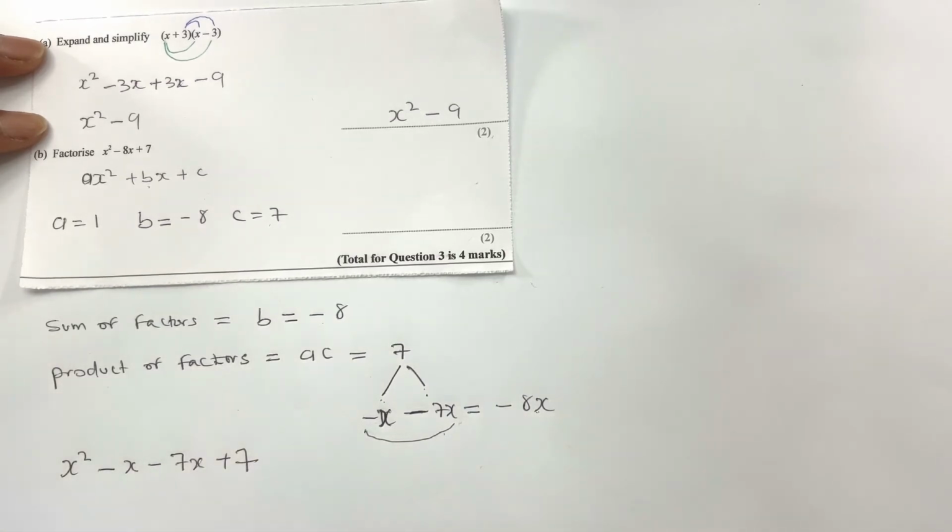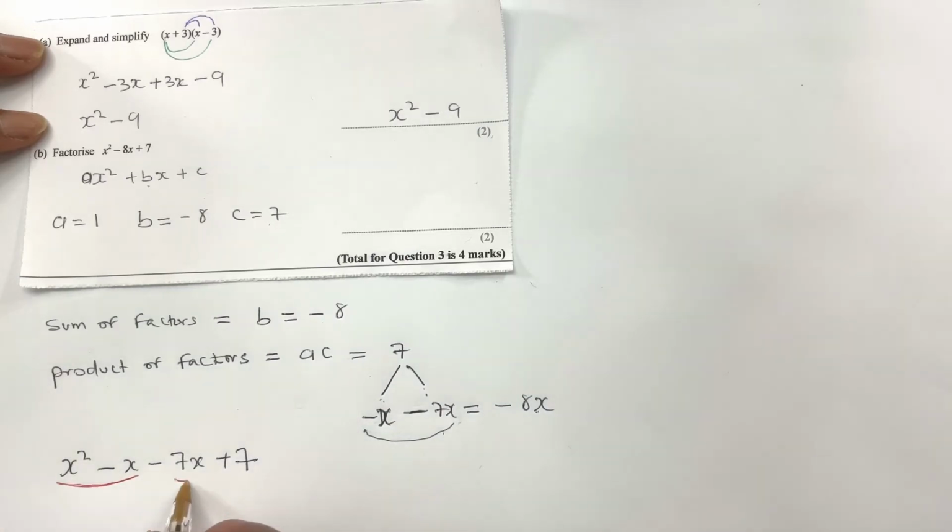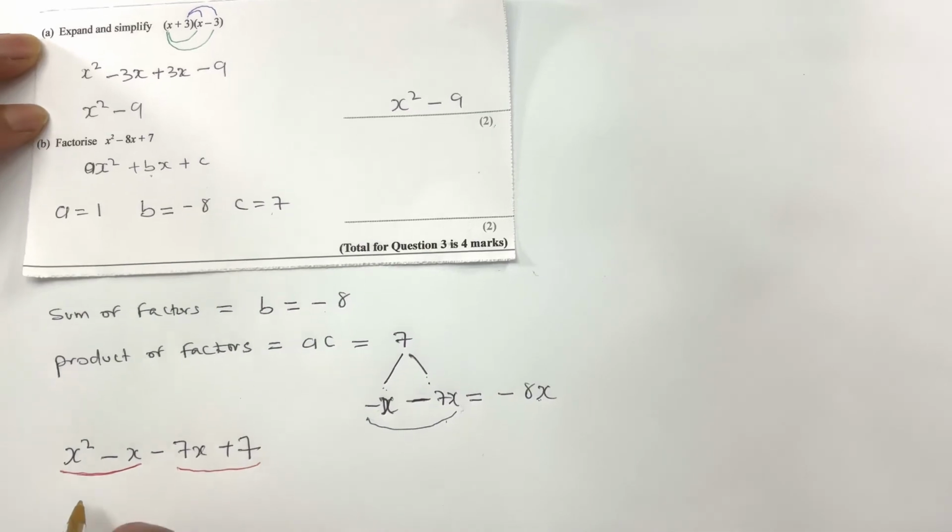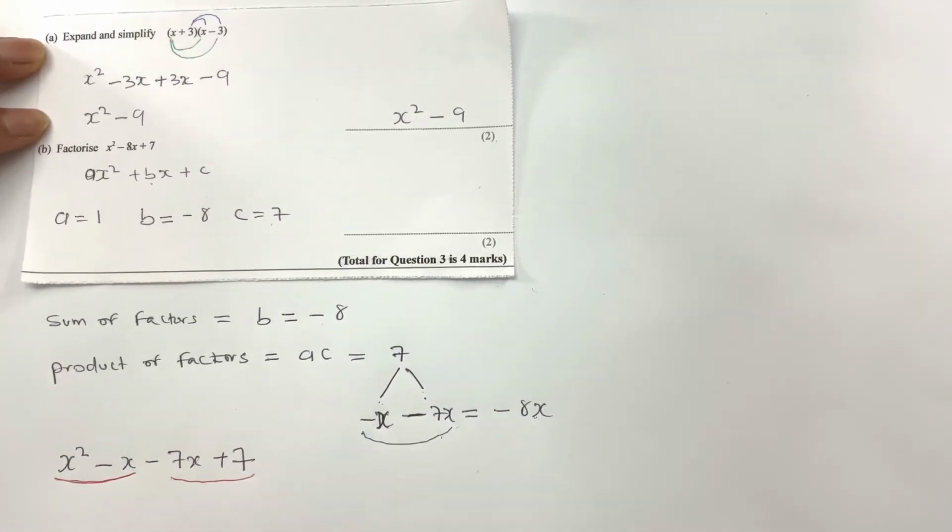Now what I'm looking for is a common factor here. There's a common factor here, and there's a common factor there. So the common factor here is x. So if I just take that out and write x as my common factor, I'll get x minus 1.